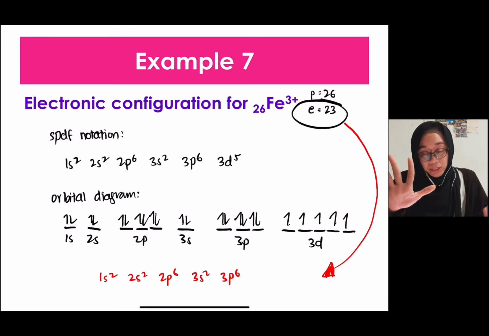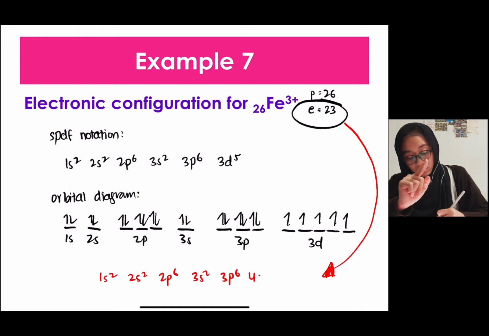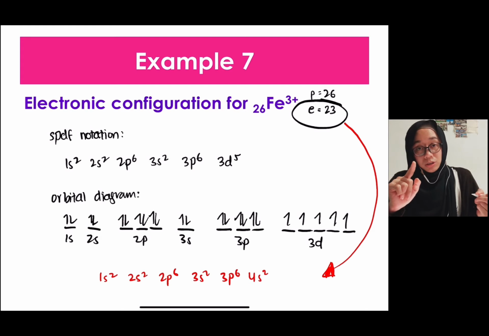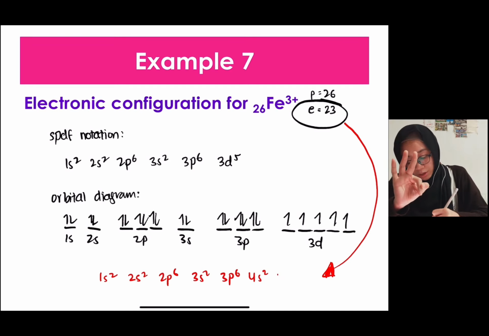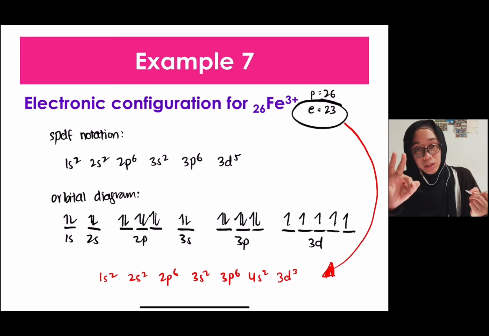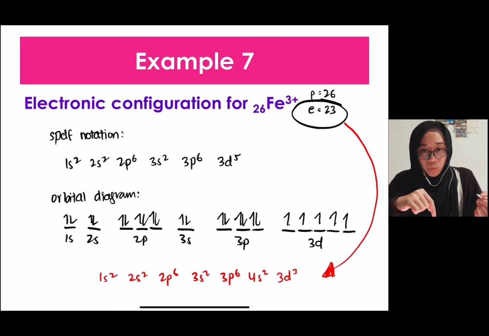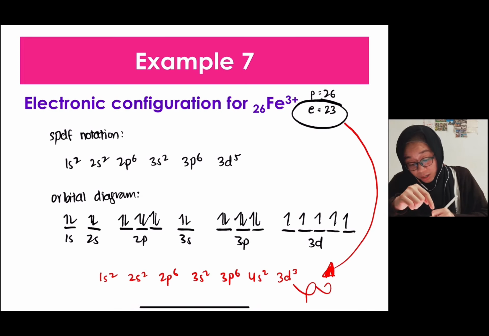Supposedly kalau kamu isi macam biasa, lepas 3p kamu akan isi siapa dulu? You're gonna write 4s dahulu, then kamu isi 2 elektron, and then ada lagi baki 3 elektron. Okay, so kamu akan buat 3D3. So is this correct? No, it's wrong. Okay, yang ni adalah salah.